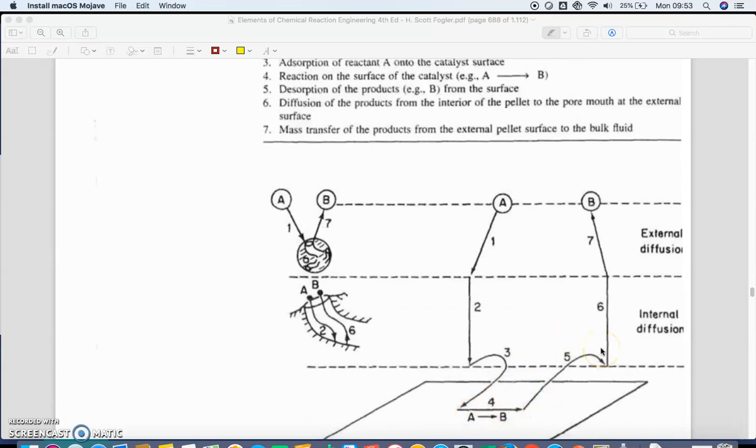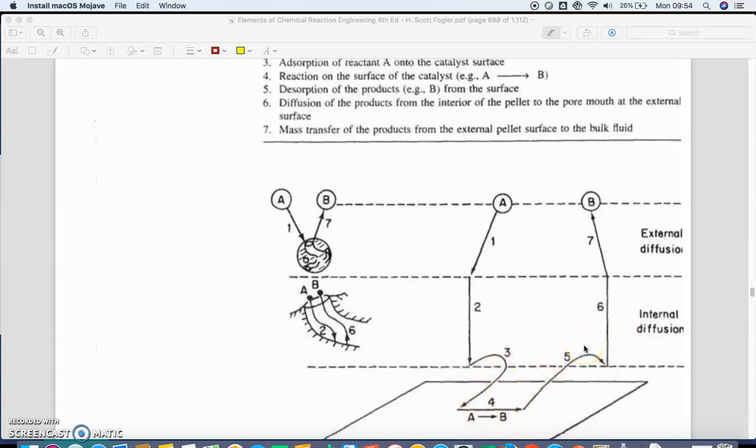In this chapter, we assume that these first 2 steps, external diffusion and internal diffusion, are rapid. So we only consider the important steps in this chapter. The important steps are steps 3, 4, 5, which are adsorption, surface reaction, and also desorption.